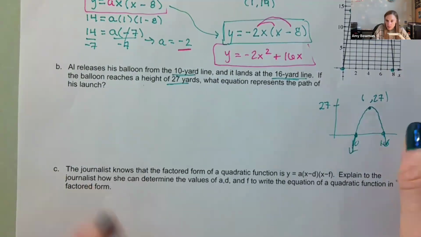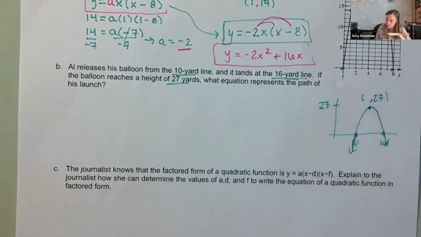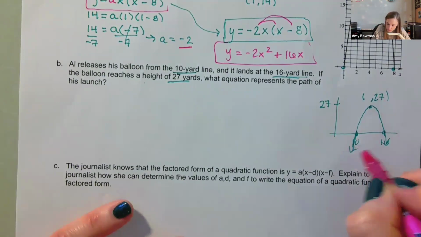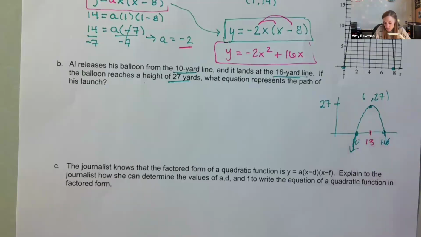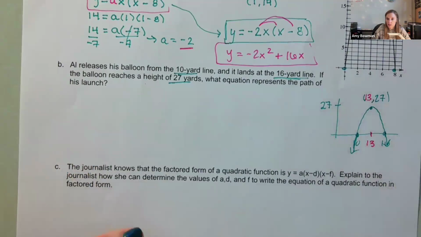We weren't given the x coordinate of the vertex discretely, but we know that right in the middle of the 10 and the 16 is 13. So we know that the vertex has to be at 13 comma 27.